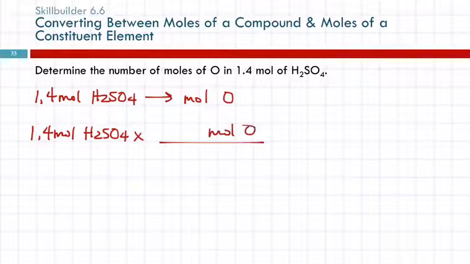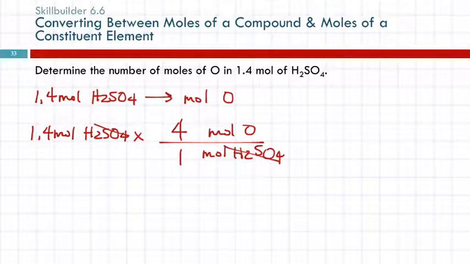So we put moles of oxygen here and moles of H2SO4 down there. 4 to 1? Yes, 4 to 1. When we look at this formula, H2SO4, in 1 unit, there are 4 oxygens. In 1 mole, there are 4 moles of oxygen, 4 to 1. Don't overthink this part. We're just looking at the formula and seeing how many of those are in one of them, one of the units.